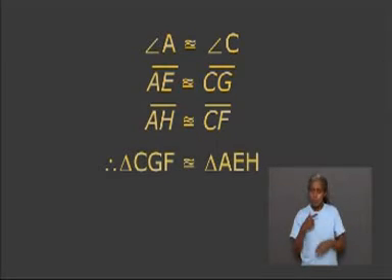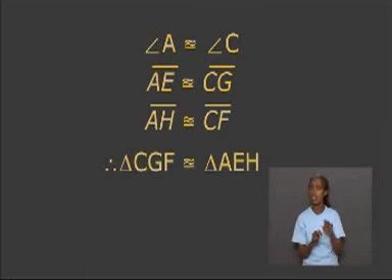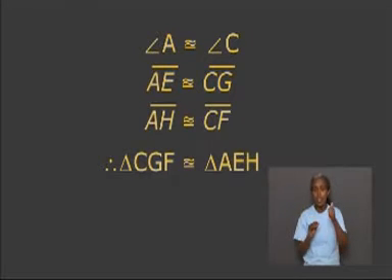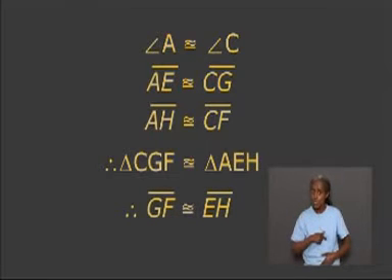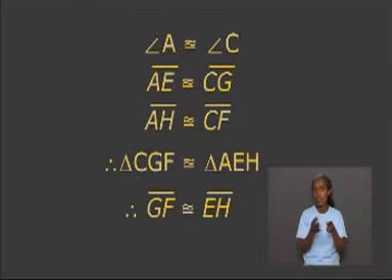We therefore have to conclude that triangles CGF and AEH are congruent. If we use the side angle side rule, we deduce that line segment GF and line segment EH are congruent to each other.